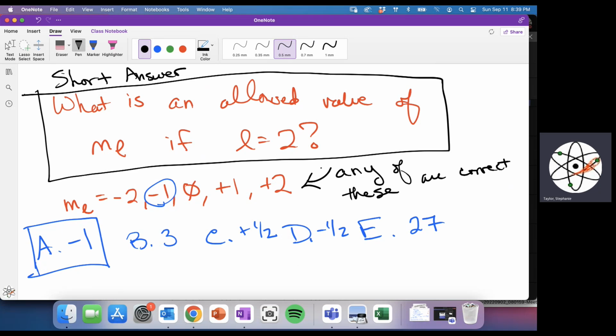And the key would say any of these values are acceptable. So it's always valid, because especially when it comes to quantum numbers, that often takes a couple of rounds of going through to understand it well. So always a valid question. But yeah, so any of those would be correct if that's a short answer question. If it's a multiple choice question, then we're going to give you answer choices such that you can, in fact, select one.